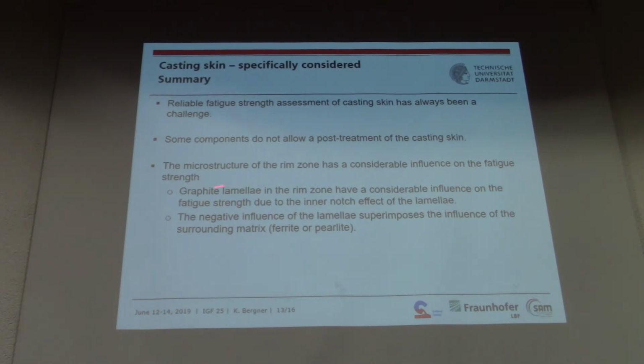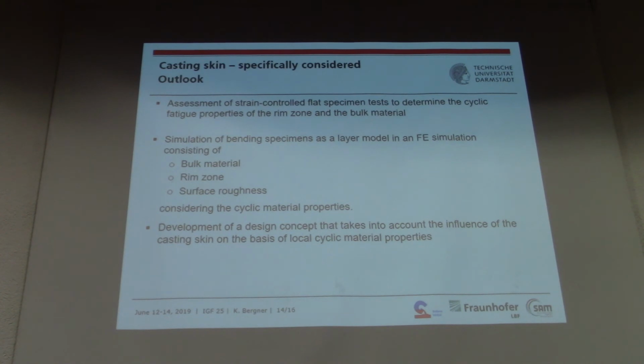And what we saw is that we have typically a ferritic pearlitic matrix with lamellar graphite inside the rim zone, and that the ferritic matrix or the pearlitic matrix makes no difference in the fatigue strength if we have this present, but we see that we have a strong reduction factor when we have not only a roughness but additionally this specific rim zone.